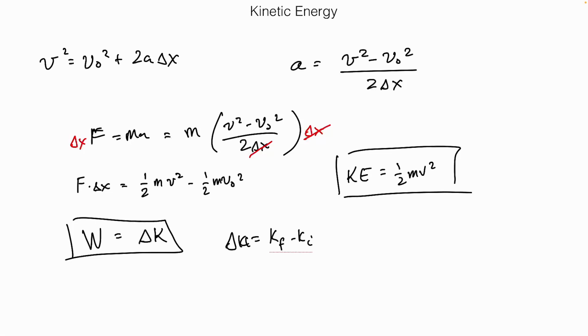I usually write, and your book usually writes, KE, just to not confuse it with other Ks. But this definition of what kinetic energy is arises from what we know about work and one of our old friends, the kinematic equations.